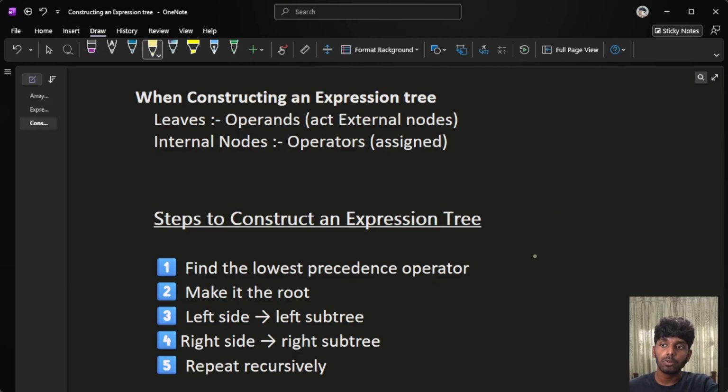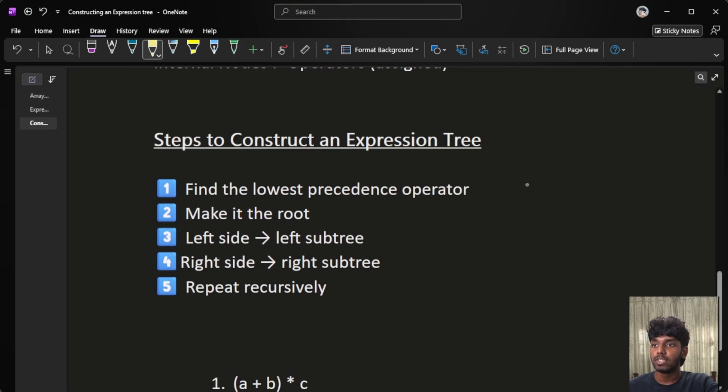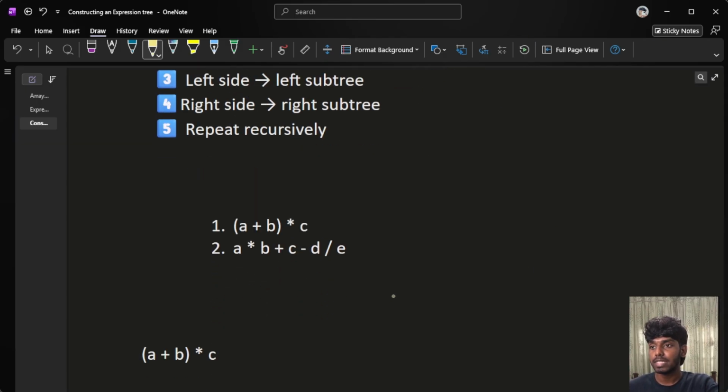When we have found the root, the expression is split into left and right parts. Those are the steps that we have to follow when constructing an expression tree. Likewise, we follow the same rules again and again until we finish the expression tree.